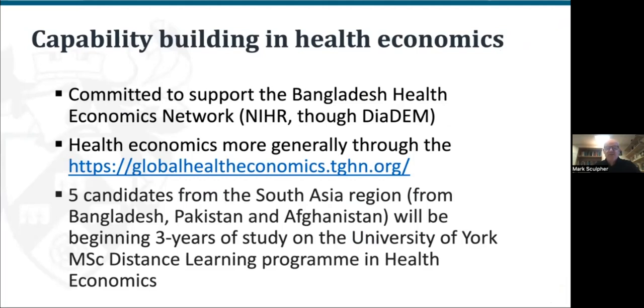We're certainly committed to support this network, the Bangladesh Health Economics Network, and we're very happy to do that through the National Institute for Health and Care Research in the UK, and particularly through the DiaDem project. But we also have involvement more generally in capability building in health economics through the Global Health Economics Network. So that's part of the Global Health Network.